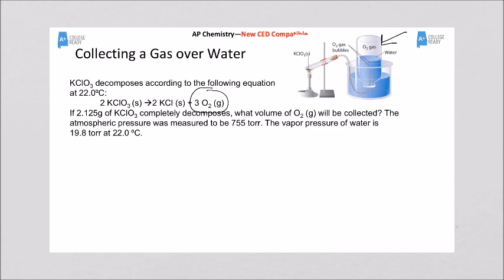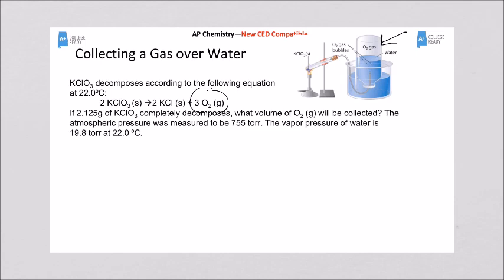So as the oxygen gas bubbles go through the tubing into this inverted jar, it bubbles up and displaces the water. In this example you don't see it, but this would be graduated so we'd actually know the exact volume of the gas that was produced.